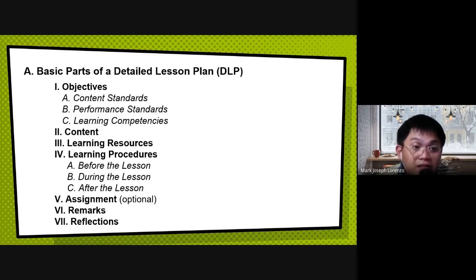So sa objectives class, ang ating content standards, again, performance standards, learning competencies ay hindi natin binabago. Dahil ito'y nakaangkla at nakasulat na sa curriculum guide na binigay ng DepEd. It was developed by professionals hired or work for the Department of Education. It is accurate, no?